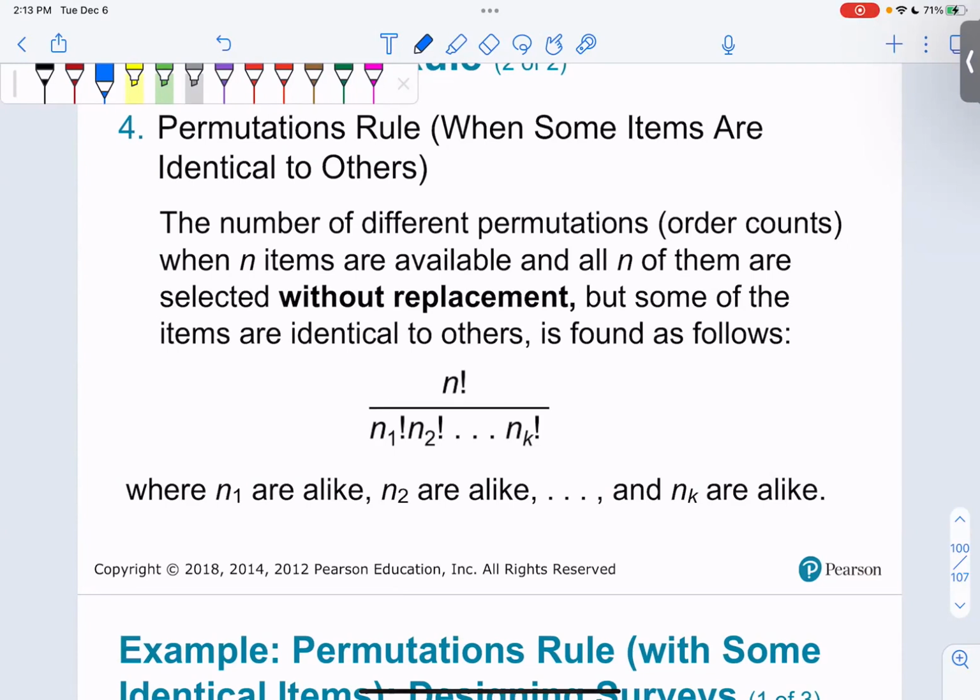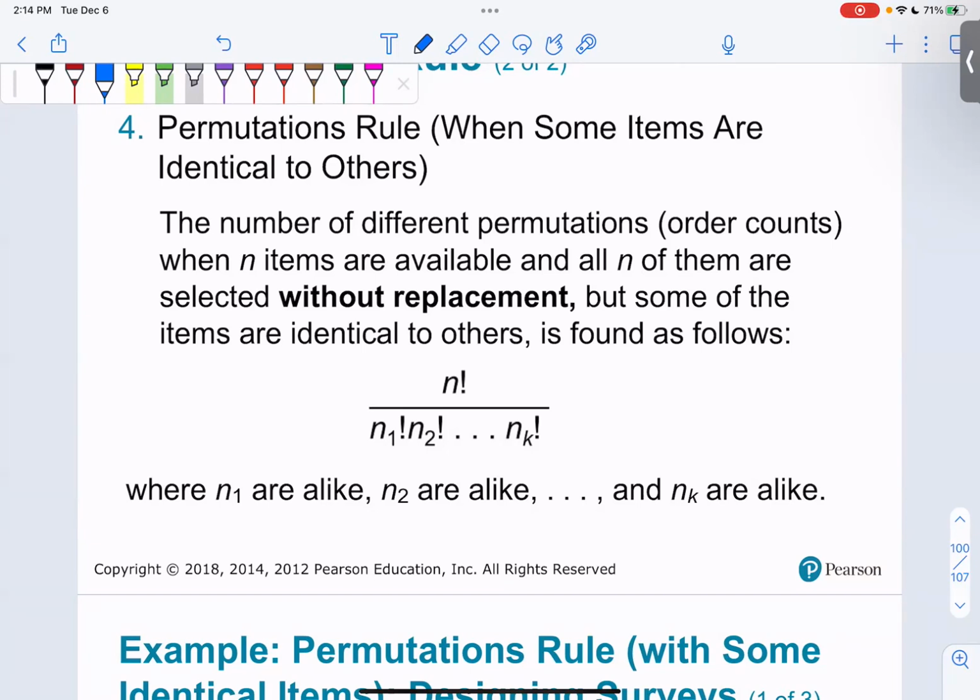Imagine that I have 7 books. But out of those 7 books, I have 2 exactly the same books, for example, 2 identical stat books, exactly the same.